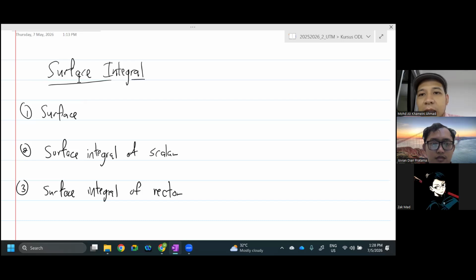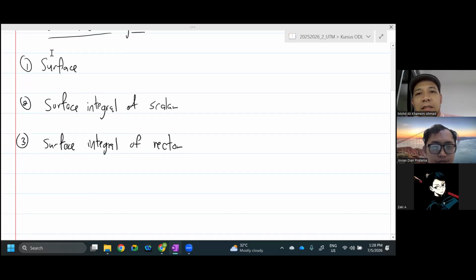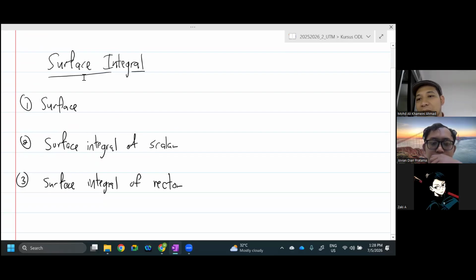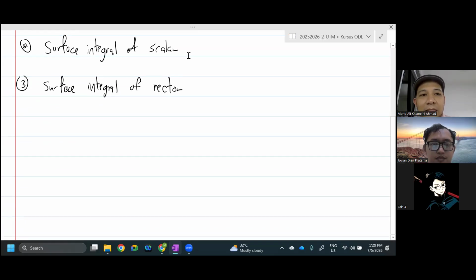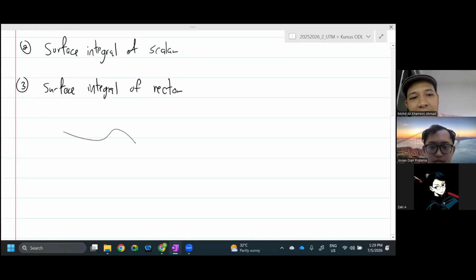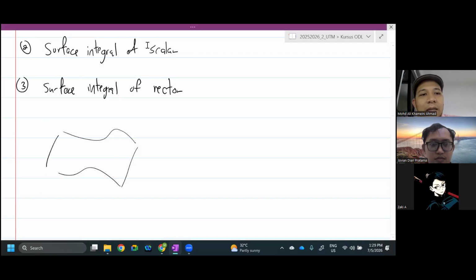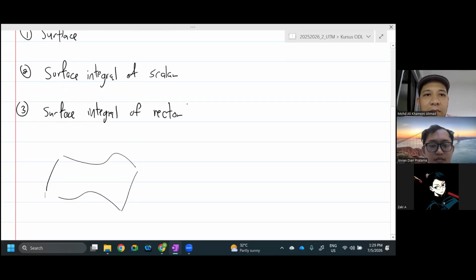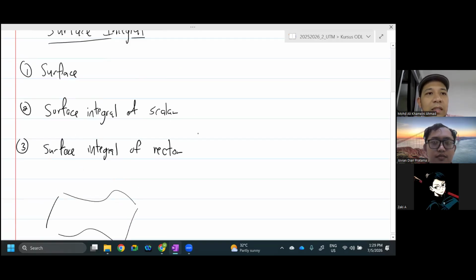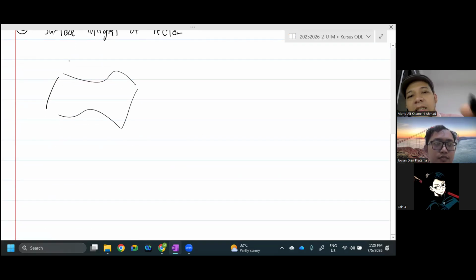Now let me move to the first topic, about surfaces. When we talk about surface integral, surely we need to know what the main thing here is, which is the surface. Let me write some summary diagram. I have a surface, you can have some surface in space. What we are going to do in this particular interest, the surface integral, is to integrate over some surface.